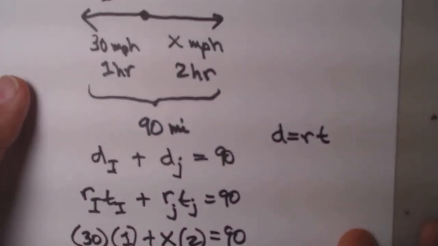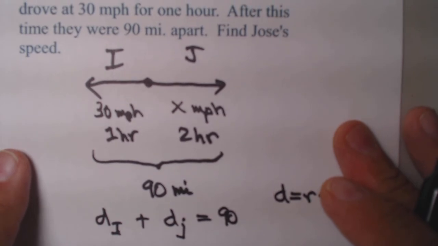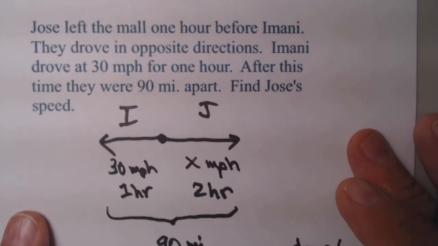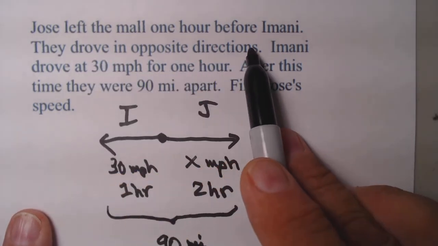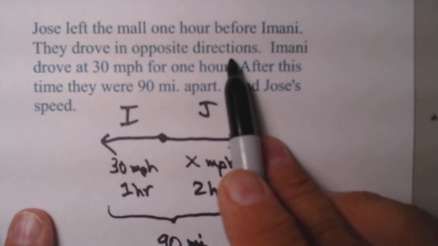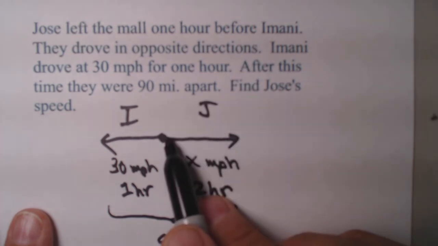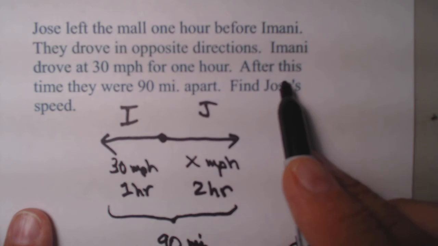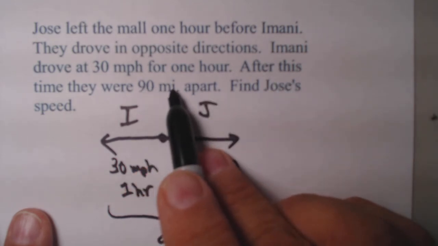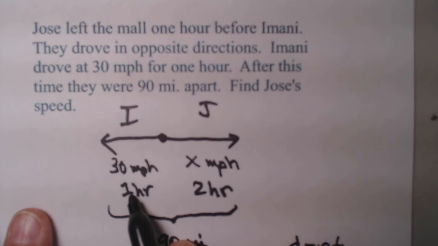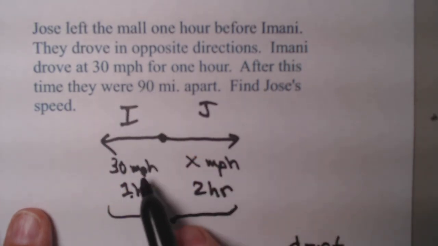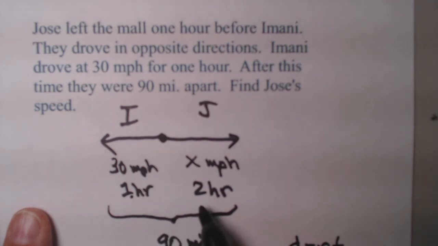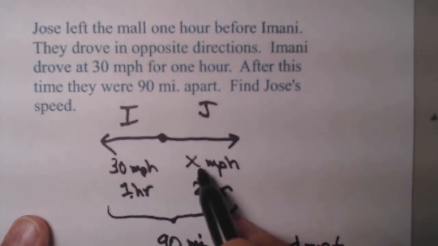Once again, what we did was we took the original information and made ourselves a sketch so we could see what's going on. Jose and Amani left the mall going in opposite directions, but Jose left 1 hour earlier. Now, they say Amani drove at 30 miles per hour for 1 hour, so here's her. After she'd gone 1 hour, since Jose left an hour before, he's gone a total of 2 hours, and we want to find his speed x.